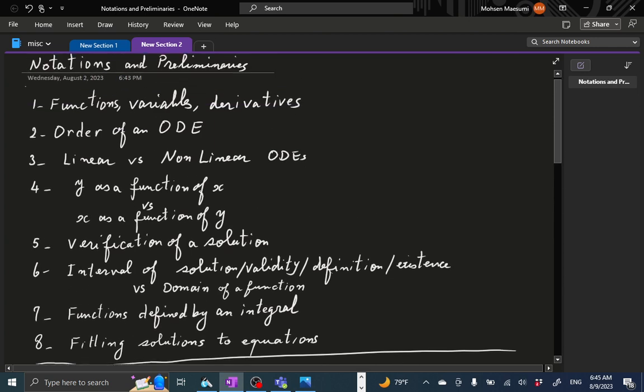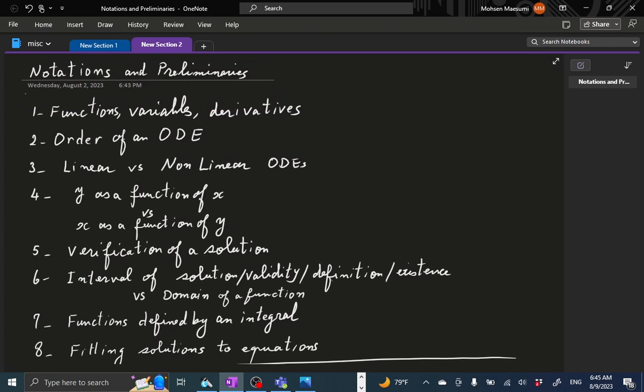Okay, so we talked about functions and order and linear versus nonlinear, and now y as a function of x, x as a function of y. Much of the algebra you have learned in all of your classes so far is just by tradition: y is taken to be a function of x. Well, there's nothing to prevent you from changing the roles between these things.